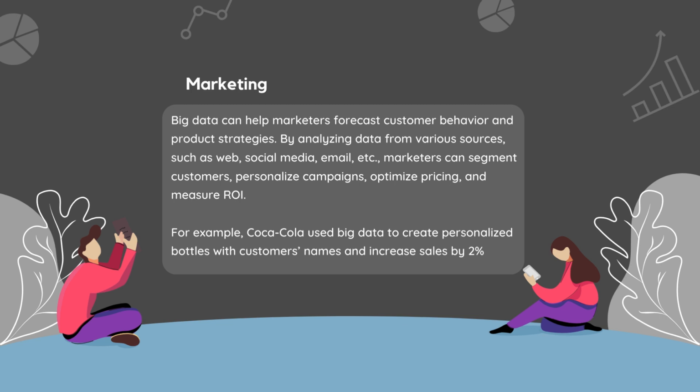Big data can help marketers optimize their pricing, promotion, distribution, and product strategy, and test and evaluate their effectiveness and efficiency. Big data can help marketers measure and improve their return on investment and demonstrate their value and impact to their businesses and society.